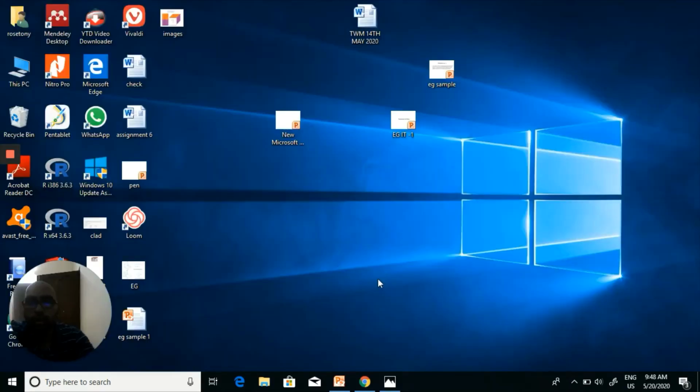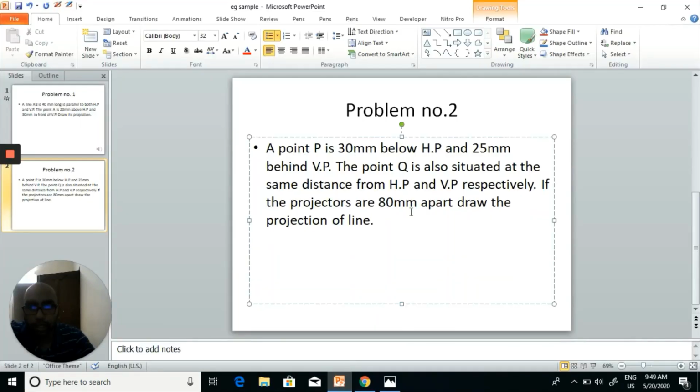We will see problem number 2, the next problem. Read the question carefully. It is given that a point P is 30 mm below HP and 25 mm behind VP. Then another point Q is also situated at the same distance from the horizontal plane and vertical plane.